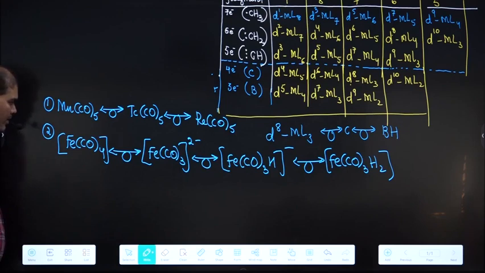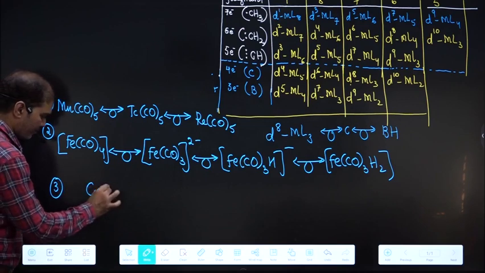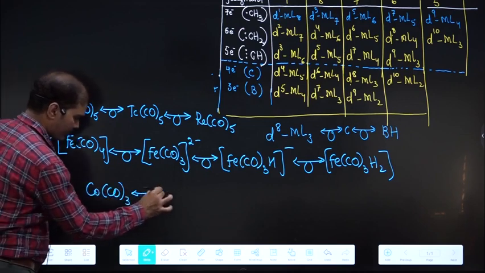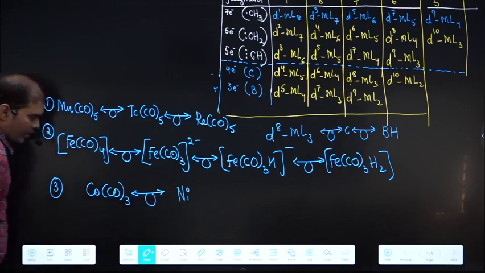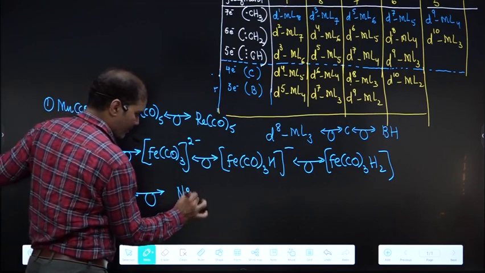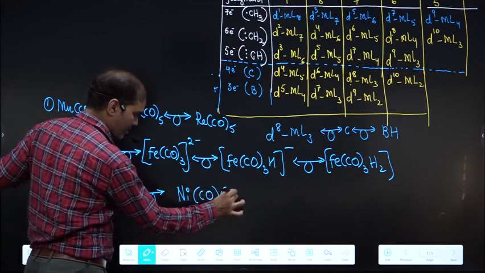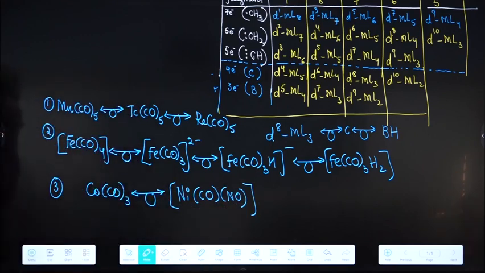Next. A two electron ligand can be replaced by two charges, or two hydrogens, or by a charge and a hydrogen.